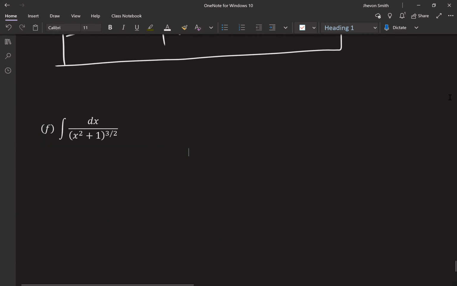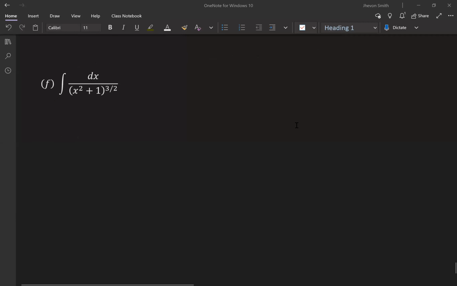Okay, all right, go. Maybe someone who hasn't participated yet can tell me what you'd want to try with this integral. So we have 1 over x squared plus 1 to the 3/2 power. Now, if it was just 1 over x squared plus 1, we already know the answer. That's the inverse tangent. But now we have a 3/2 power on the denominator. Regular substitution is not going to work. Can't really simplify.